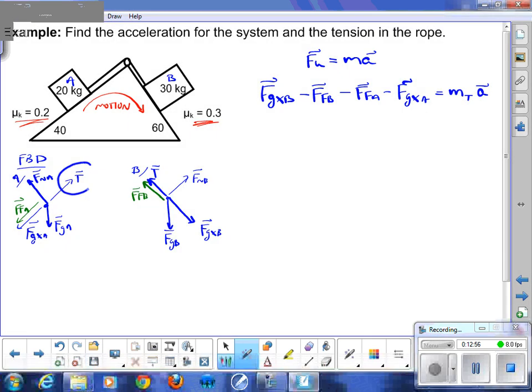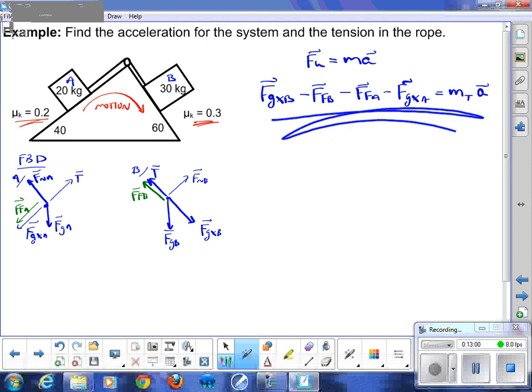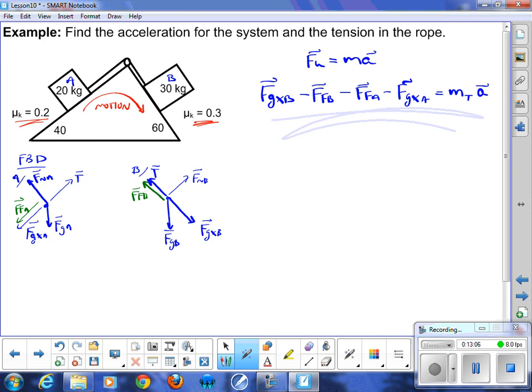If you take a look, I never use T. There's no tension force in that unbalanced force equation, and the reason is that tension is not a driving force. It's not a resistive force. It's a force that connects the two objects together to form this system. So that's why it's not involved at this point. All right, so I'm going to finish this up in the next video so I don't have to rush through the algebra. I can talk about it a little bit as we go through it.